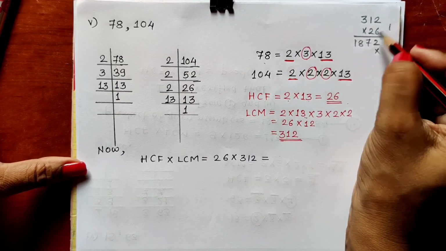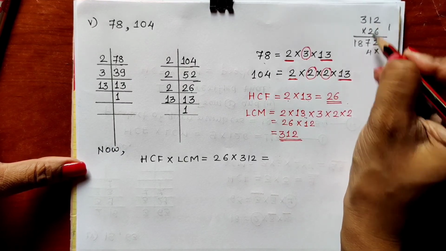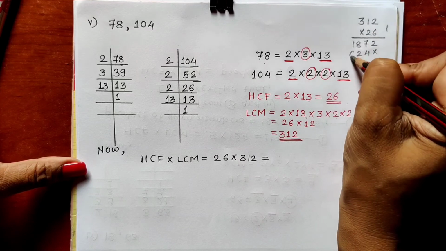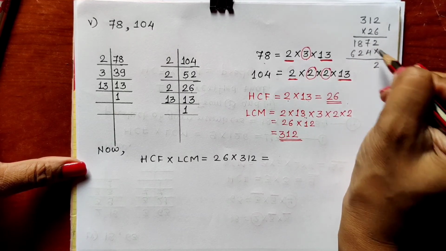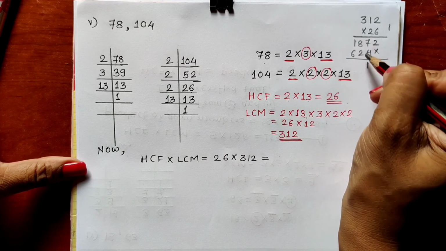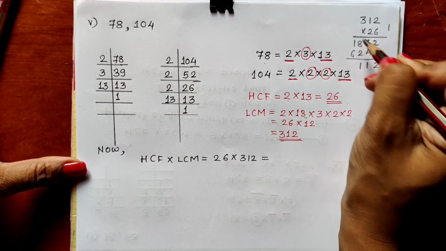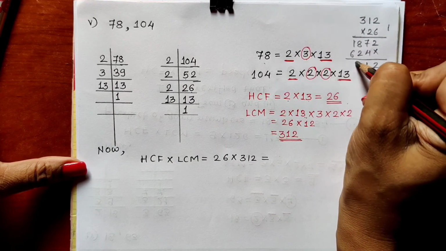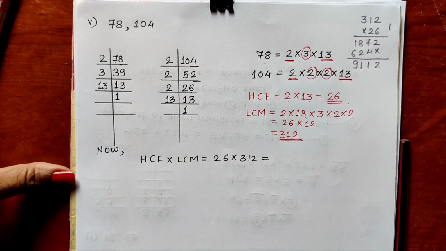Okay, then multiply by 2. 2 2s are 4, 2 1s are 2, 2 3s are 6. So we have got 2, 7 plus 4 is 11, 1 carrying, 8 plus 2 is 10 plus 1 is 11, again 1 carrying, 6 plus 1 is 7. 8112.